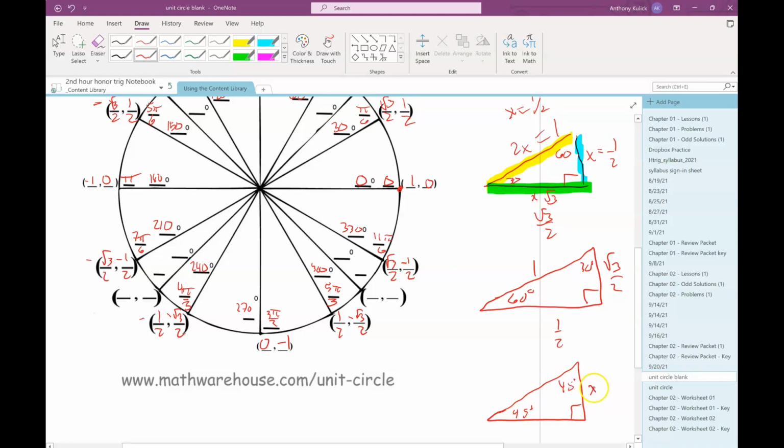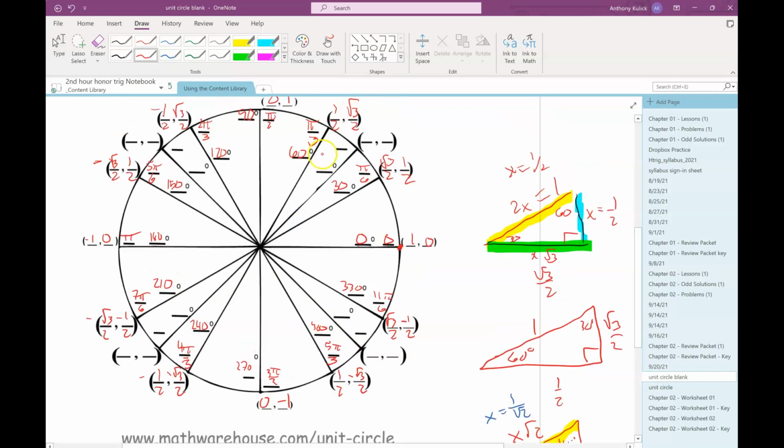So then we'll do the 45, 45, 90 triangle. So here, again, the hypotenuse needs to be the radius. That needs to be 1 unit long. So x there has to be 1 over the root 2. Everybody agree with that? Because 1 over root 2 times root 2 is just 1. So 45 or pi over 4 radians is just going to be 1 over root 2, 1 over root 2.